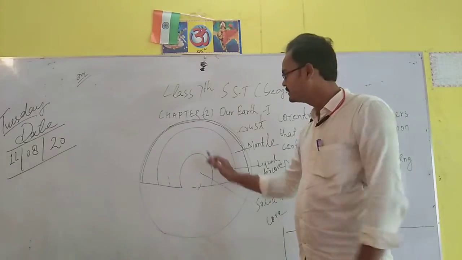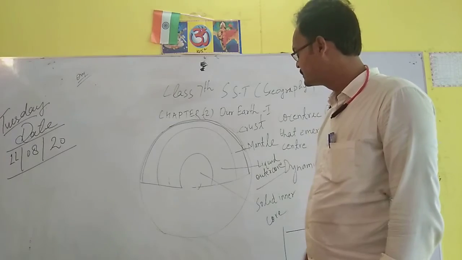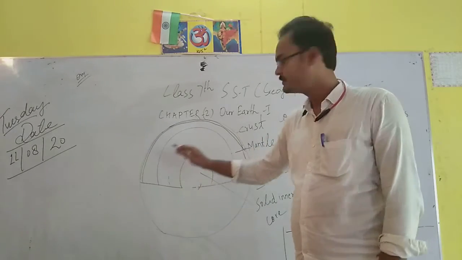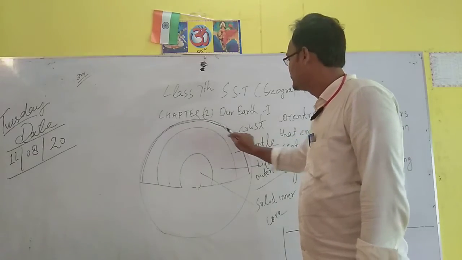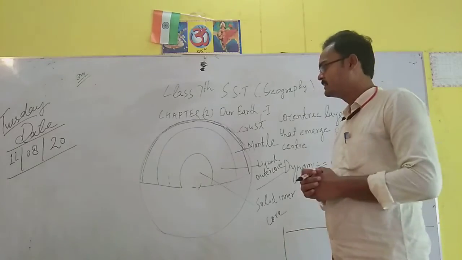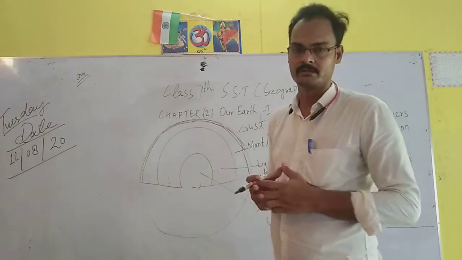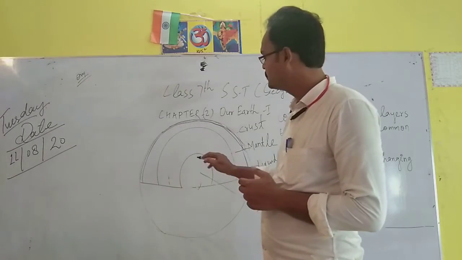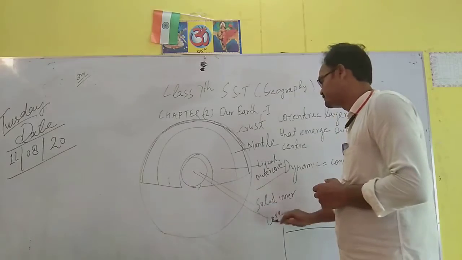Students, as you see on the board, I have made a figure of our Earth, and in that I have shown the portions which are written in your book. The Earth is like an onion shape, and there is a solid inner core.